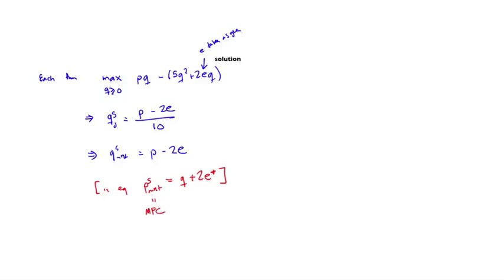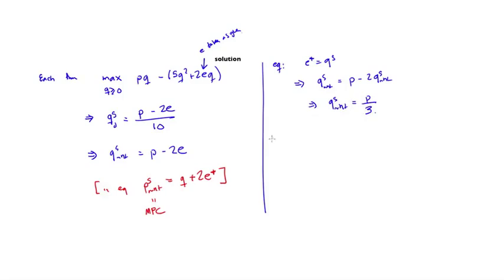Now, let's look at the equilibrium conditions. We know that in equilibrium, E star has to be equal to the quantity supplied. So this implies that the quantity supplied in the market has to be equal to P minus 2 times the quantity supplied in the market, which implies that in equilibrium, the quantity supplied in the market is equal to P divided by 3.